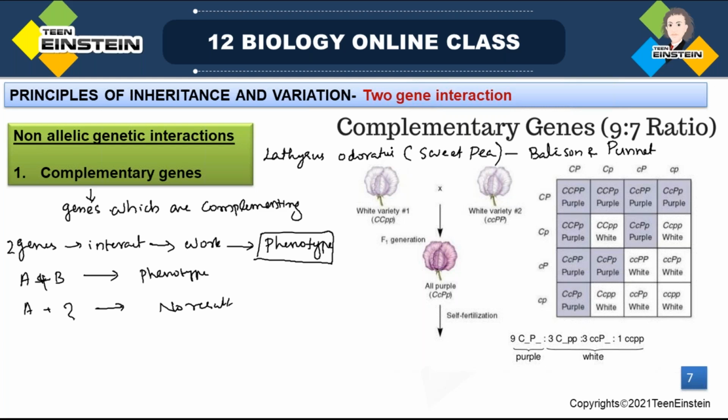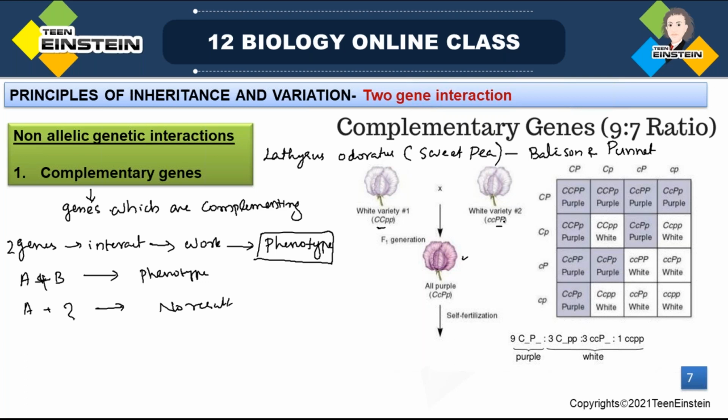They demonstrated that in sweet pea, the purple color flower is a result of two dominant genes. Here you can see the genotype CC. Here the C is dominant. Here the P is dominant.